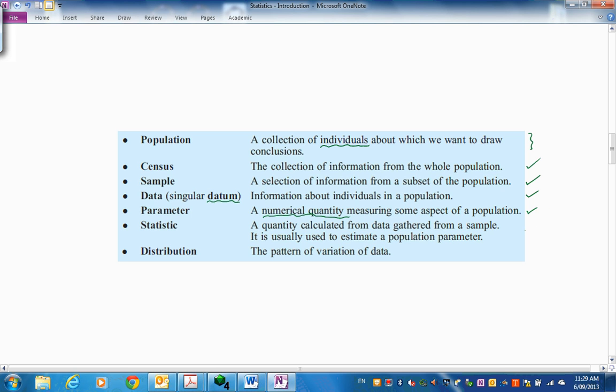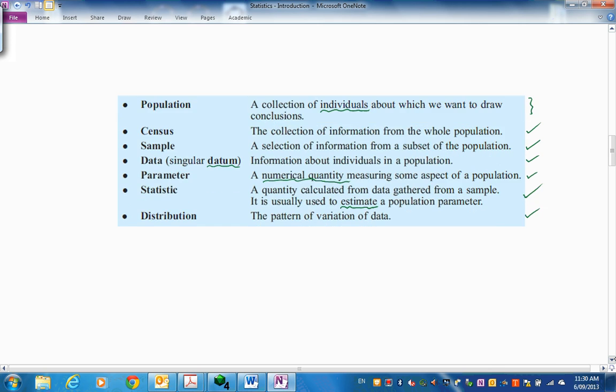A statistic is a quantity calculated from the data gathered from a sample. It's going to estimate or approximate the real value. And then the distribution is a pattern of the variation of the data, and there are also probability distributions. We'll be talking about those as well. So distribution is trying to see how the data is distributed. Okay, I hope you've seen some of those at least before, but catch on now. Can you see what we're trying to do yet?